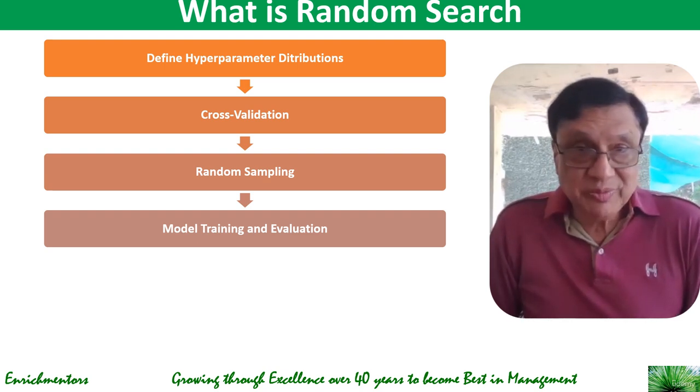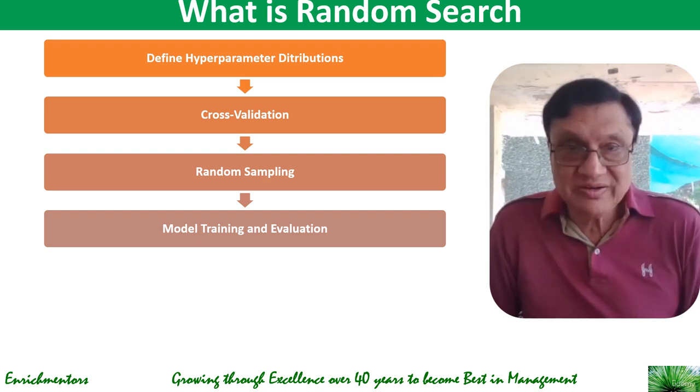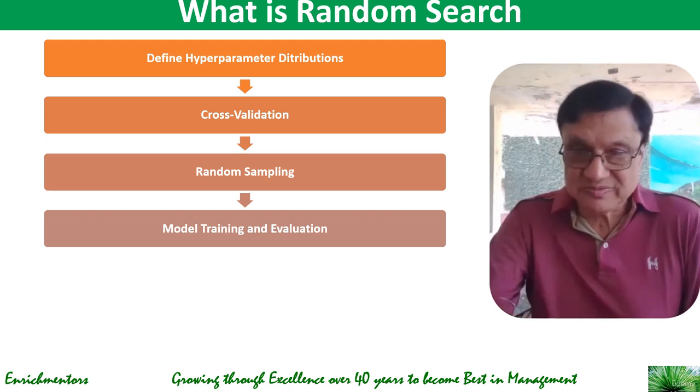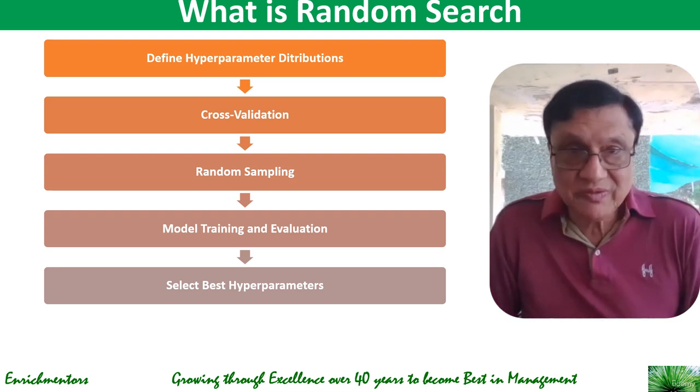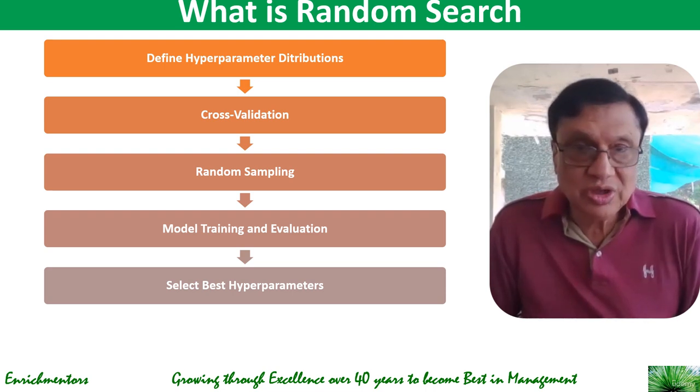Then you repeat the process for the specified number of iterations or until the stopping criteria is met. After evaluating a sufficient number of iterations, you select the combination of hyperparameters that yielded the best performance according to your chosen evaluation metric.